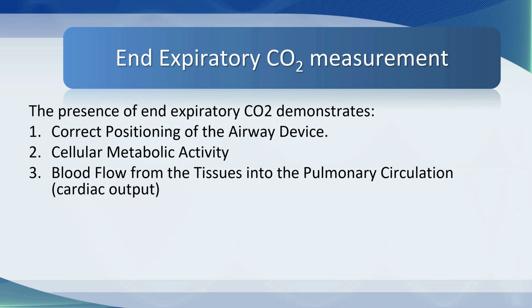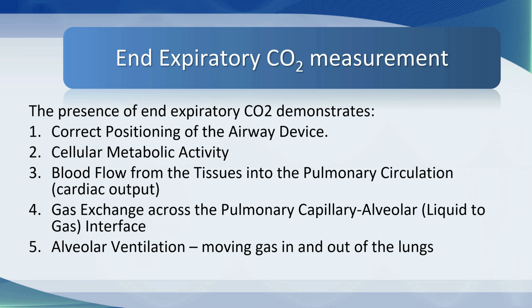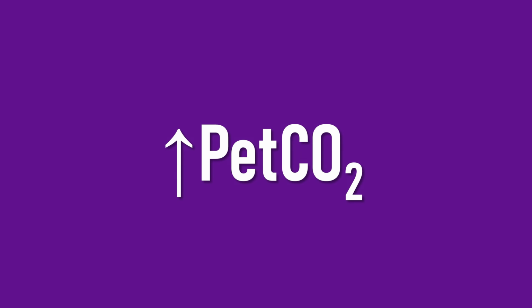So it gives you information about blood flow from the tissues into the pulmonary circulation and all the way around. It also gives you information about gas exchange across the pulmonary capillary alveolar interface, the liquid to gas interface, because without that interface being present, then no end-tidal CO2. It gives you information about alveolar ventilation, that is moving gas in and out of the lungs. And finally, it's very, very helpful for diagnosing cardiopulmonary disease.